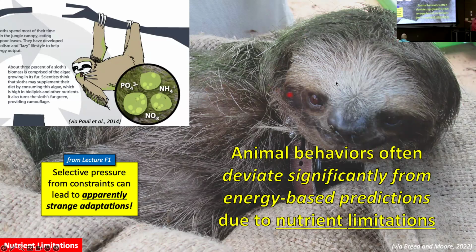But the only way it can maintain that population of algae is by expending a huge amount of energy climbing down a tree to poop. And that process ends up raising larvae of moths that lead to moths, which die in its fur, which through the process of fungi breaking them down turns into algae, and so on. And so in this case, we see nutrient constraints, nutrient limitations, creating very weird behaviors in the sloth.